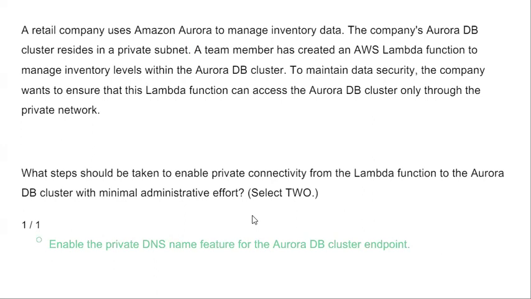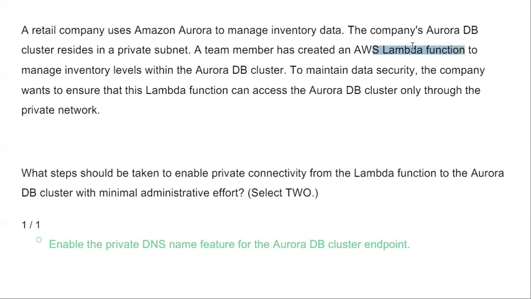So, the question is, there is a retail company and it has some inventory data. To manage that data, they put the data inside Amazon Aurora, which is present under a private subnet. And to manage the inventory present under Amazon Aurora, we are using a Lambda function.